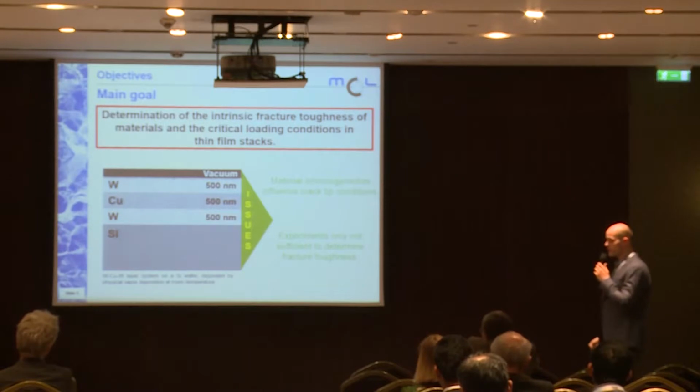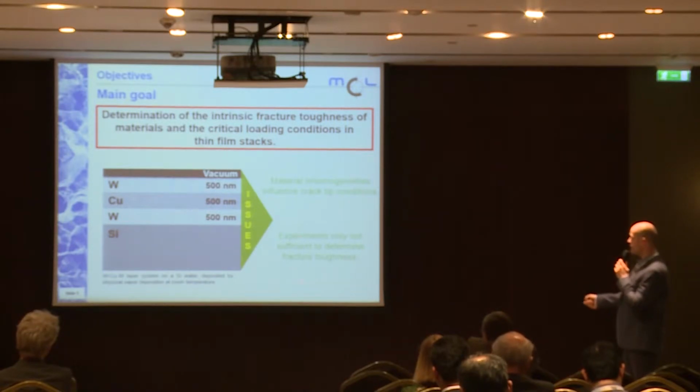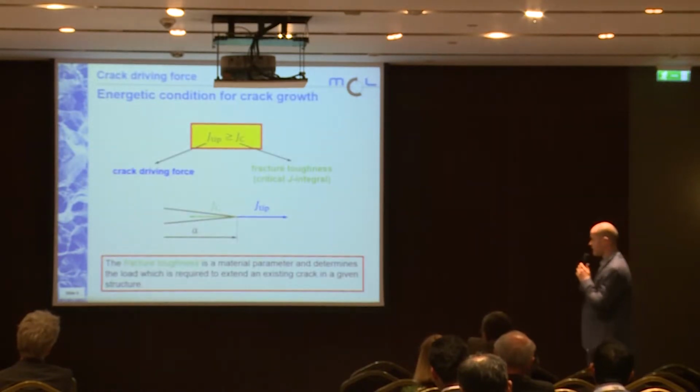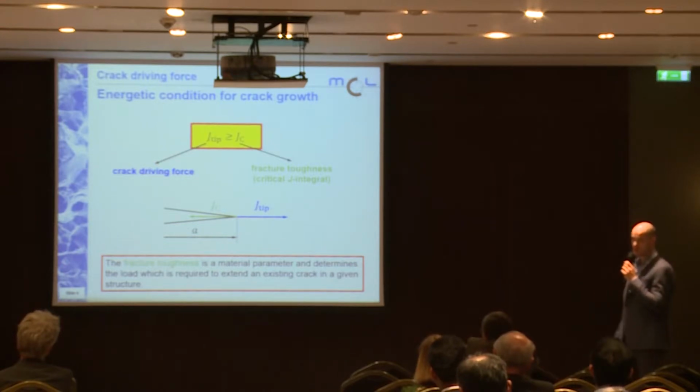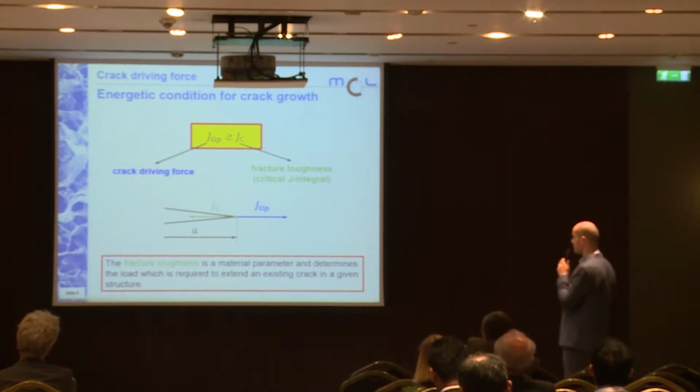The issue in such systems is that material inhomogeneities influence the crack tip conditions, and experiments alone are not sufficient to determine the fracture toughness of single materials. So before I come to that, we have to take a step back and ask what the condition is for crack propagation in a material.